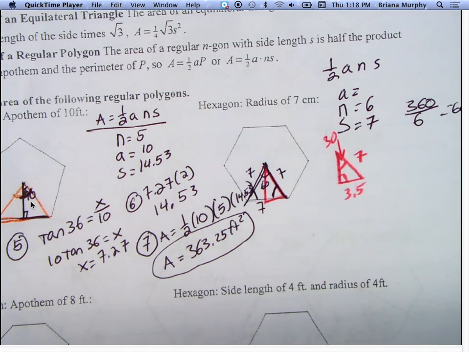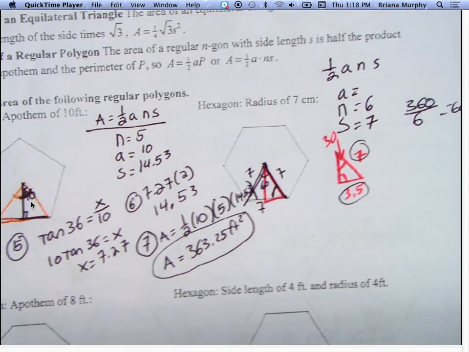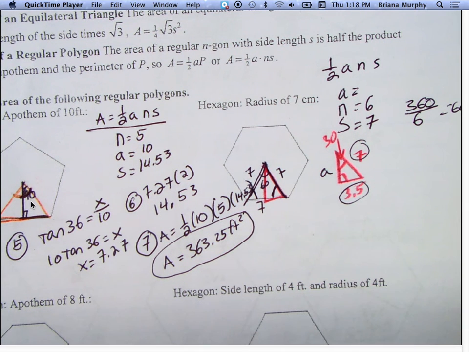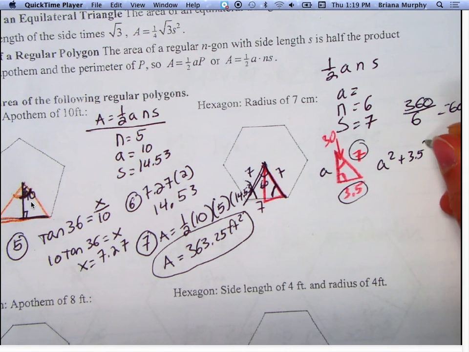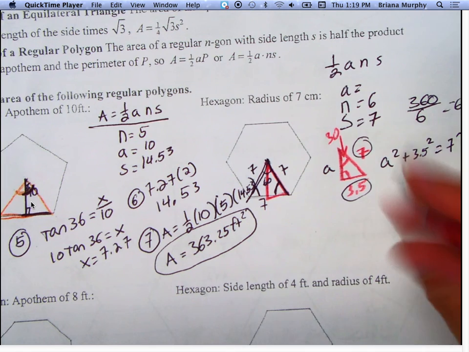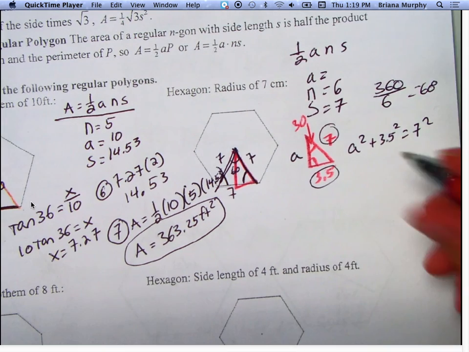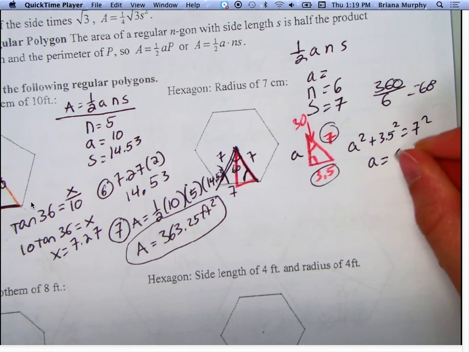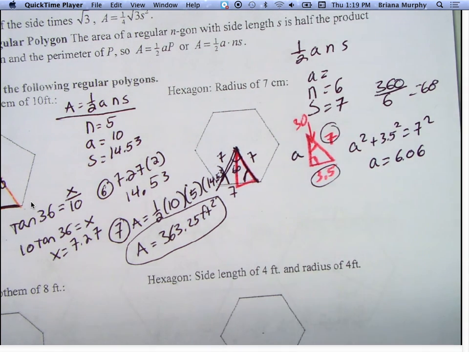Wait. This is a right triangle, and I have 2 out of the 3 sides. How do I find my third side? Pythagorean theorem. A squared plus 3.5 squared equals 7 squared. I'm not gonna go through how to solve the Pythagorean theorem because we've done this so many times it hurts my head. So we get a equals 6.06. We should be pretty good.